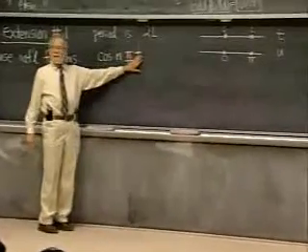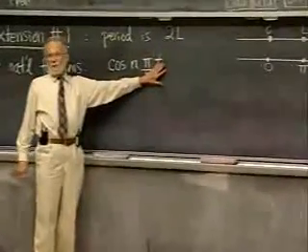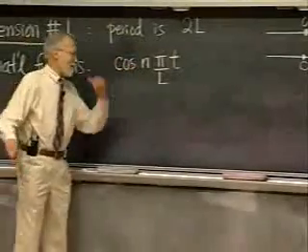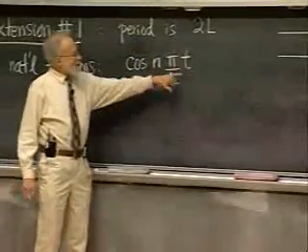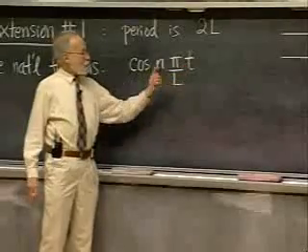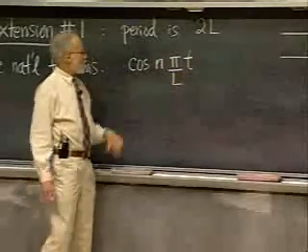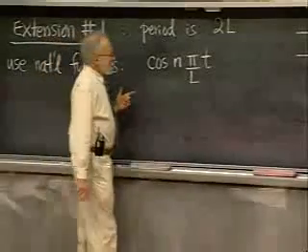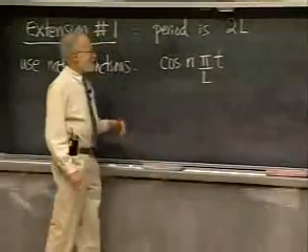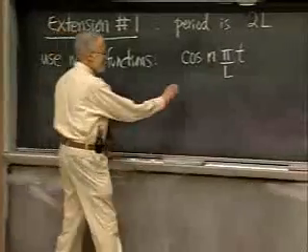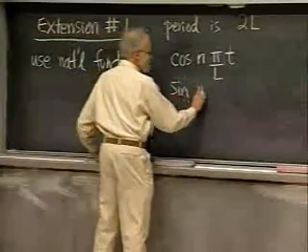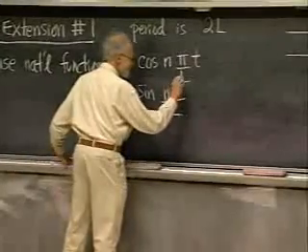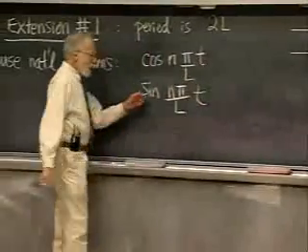So the cosine should be pi over L times t, in order that when t is L, it should be like cosine of n pi, which is what we would have had. This one's probably a little easier to see.